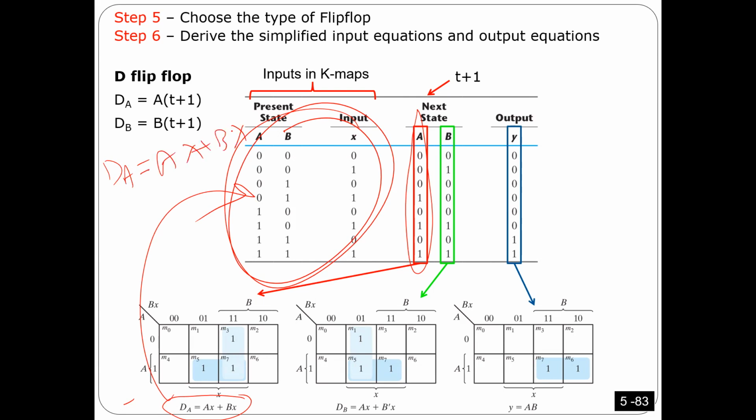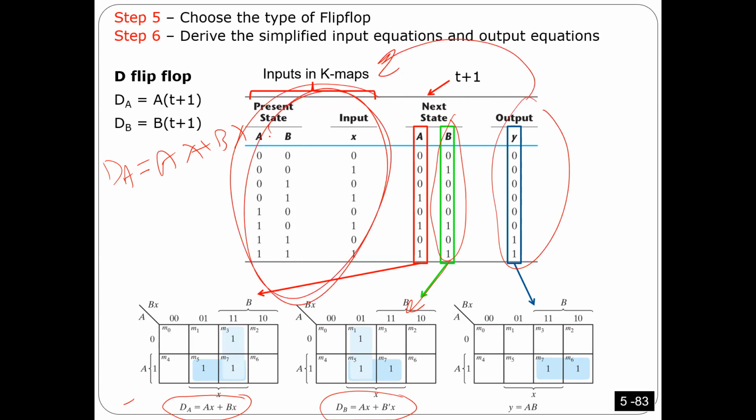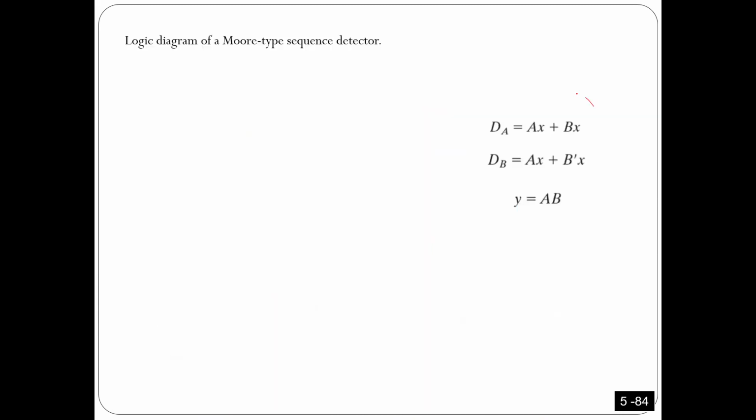That's it. I do the same thing here, because this is the input of flip-flop B. I do simplification and get another equation. For the output, I also get it as a function of these inputs. So I found this one, and the conclusion is what we have here.